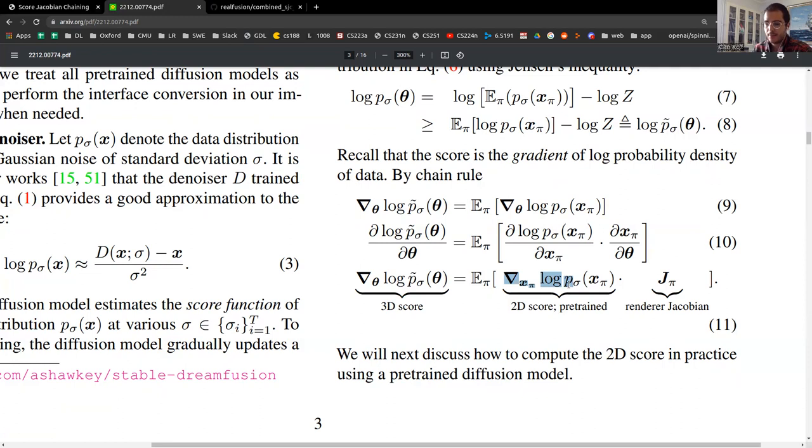And the next part is the gradient of the image with respect to the underlying parameters which produce the image, okay? So that's the Jacobian of the differentiable rendering process. So a 3D score, which is what I'm trying to optimize, is the product of these three things. And the second of these three things is the render Jacobian.